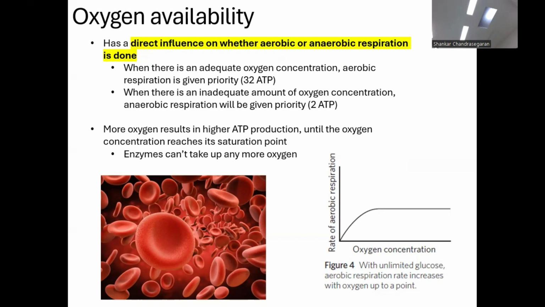If you go to a very low level here, where the graph shows a very low rate of aerobic respiration, what is happening instead is that more anaerobic respiration is happening. So if you had another graph showing anaerobic respiration, it would be at a very high rate at the same point. Any questions about this?